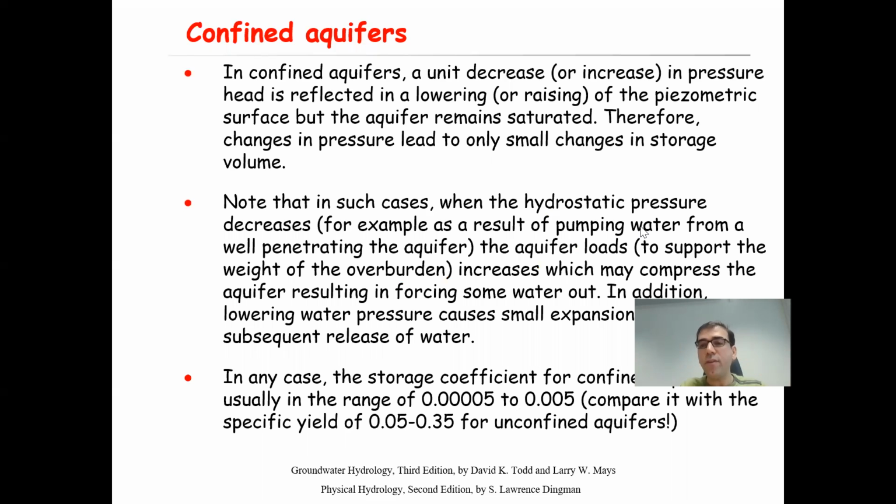So the aquifer itself remains saturated. Therefore a unit decrease in pressure head is reflected in the lowering of the piezometric surface, and since the aquifer remains saturated, the changes in pressure head only result in small changes in the storage volume.